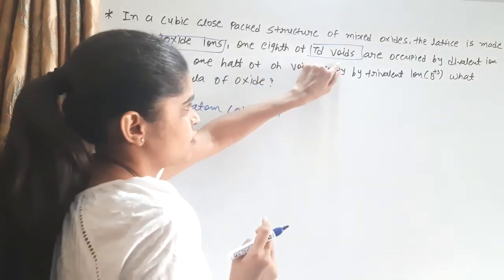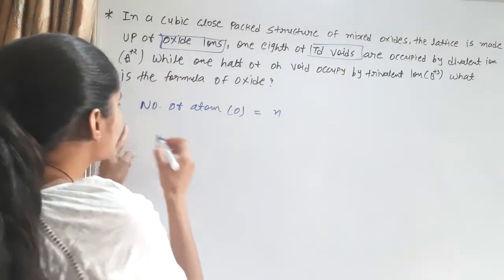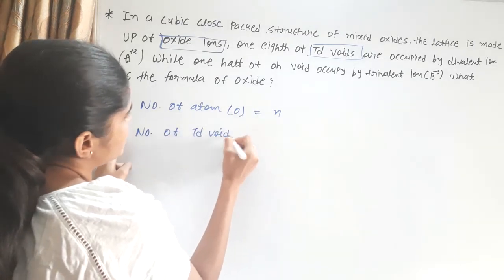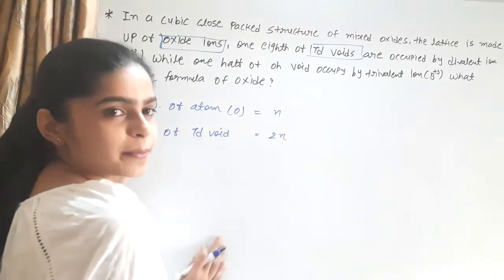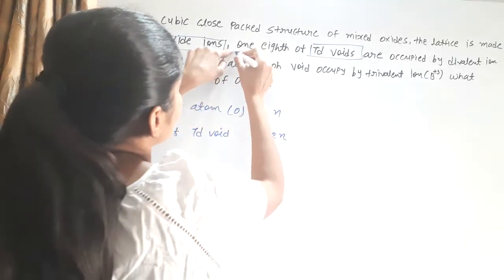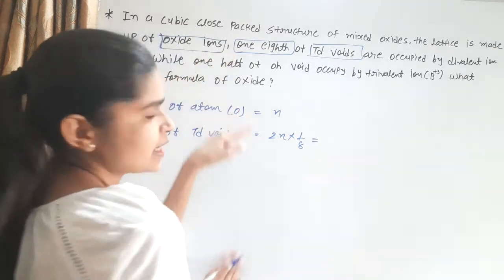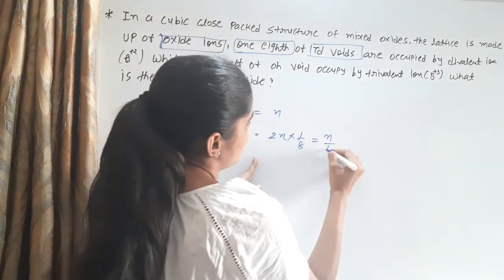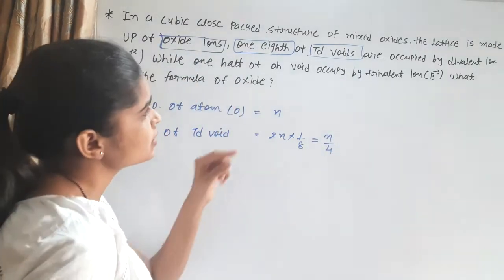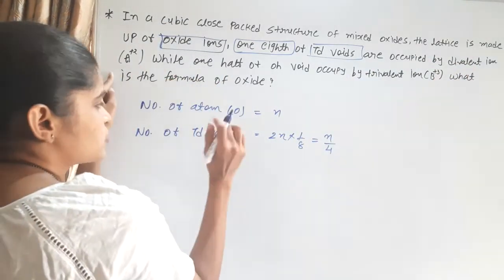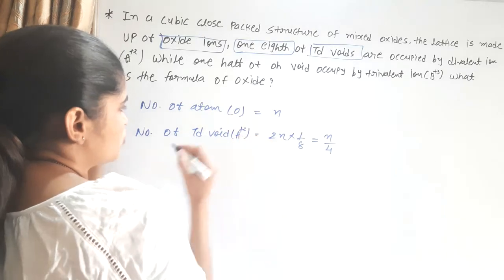First of all, the number of tetrahedral voids per unit cell is equal to 2n, and multiplying by 1/8 gives n by 4. These are occupied by the divalent ion A plus 2.